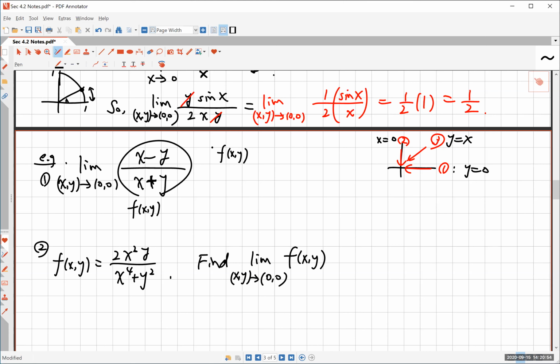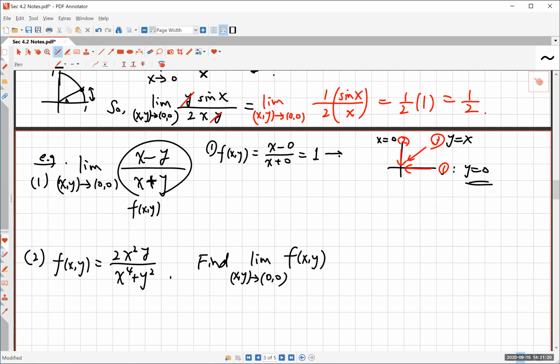Along path 1, f of x, y is, remember, y is equal to 0, right? So this will be x minus 0 over x plus 0, which is 1. Okay, so along this path 1, f of x, y is always 1.